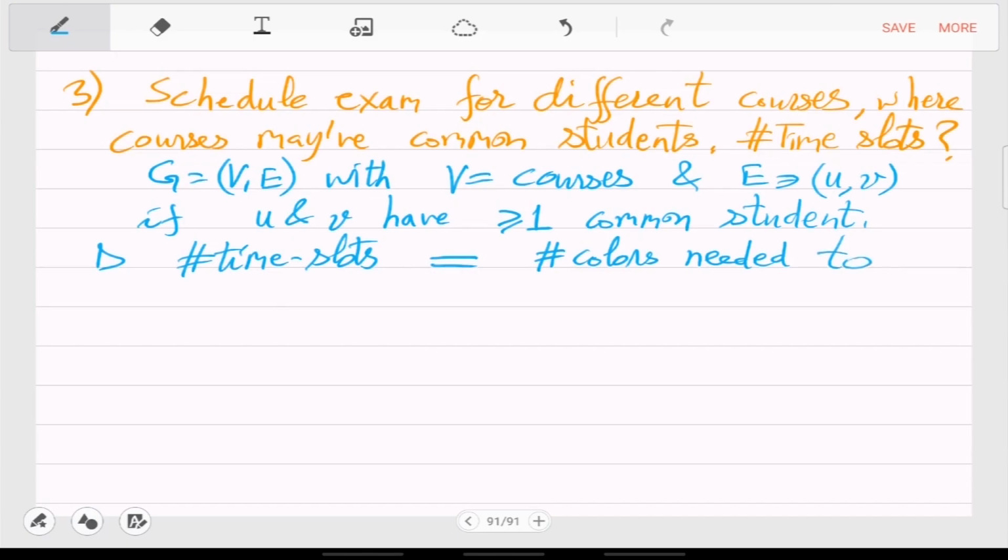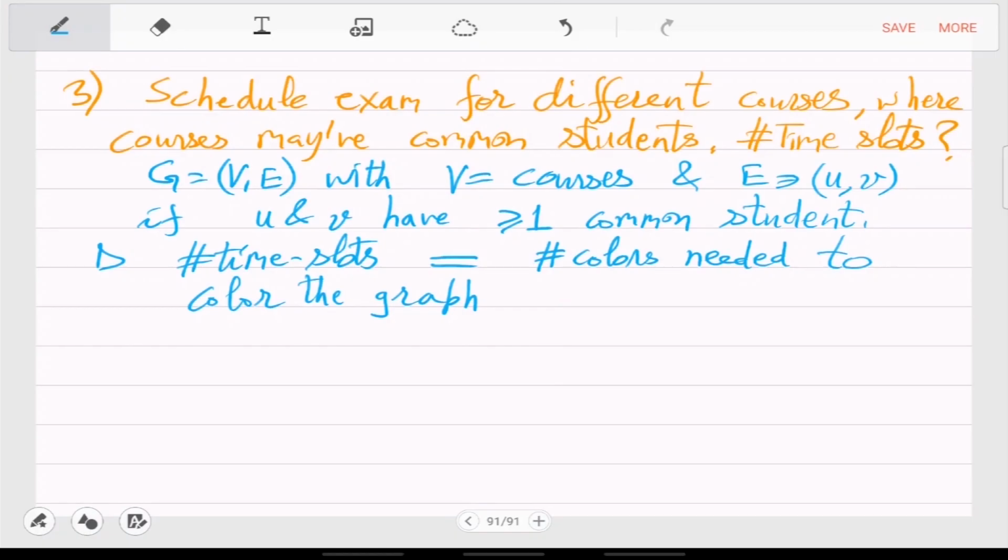Unfortunately, it's very far from that. Let me just say that the number of time slots will actually be equal to the number of colors needed to color the graph, if you think of every time slot as a color on a vertex. You want no two vertices connected by an edge to have the same color.